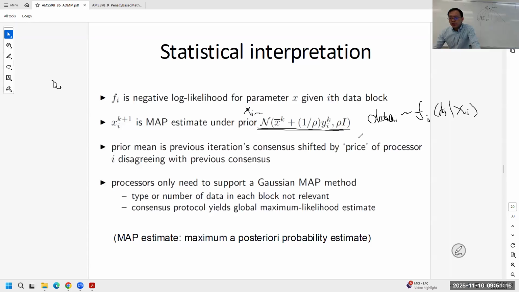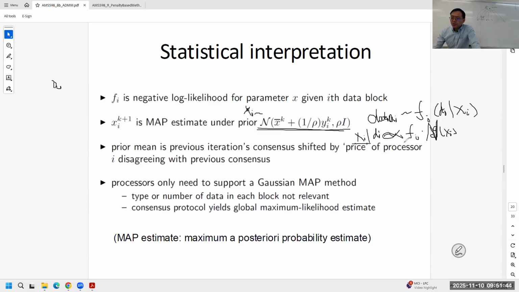So the posterior distribution, which is xi given the data, is going to be proportional to fi times the prior, and it's better to use the normal for xi.